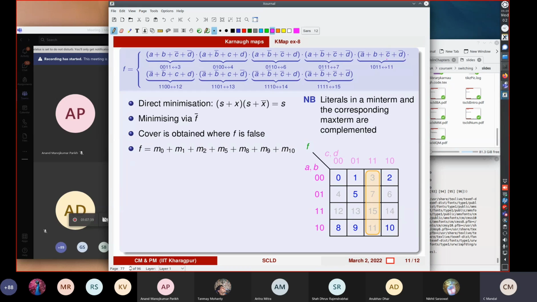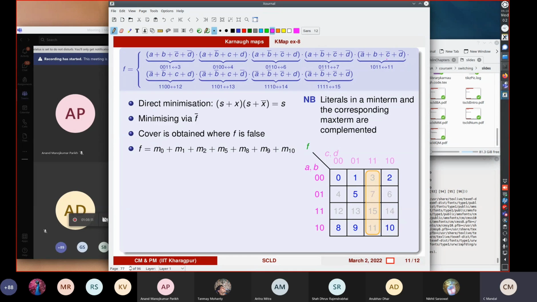I just wrote it as F. It is not so obvious that it is F. So anyway, I just take it as a sum of these min terms.